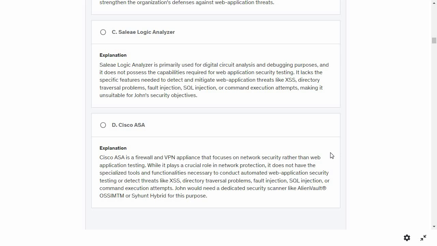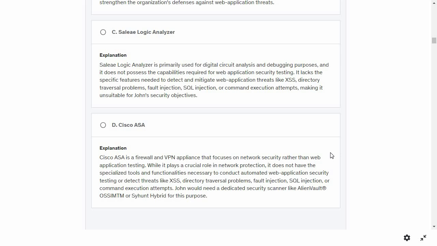It lacks the specific features needed to detect and mitigate web application threats like XSS, directory traversal problems, fault injection, SQL injection, and command execution attempts, making it unsuitable for John's security objective. So this is an incorrect answer.